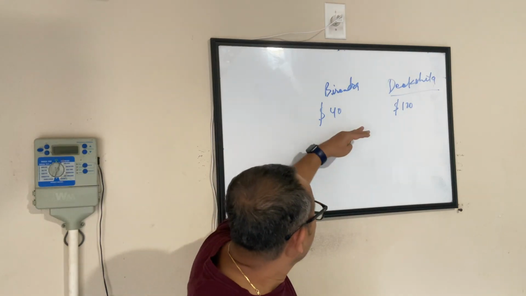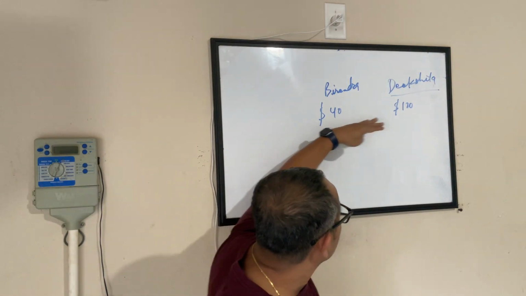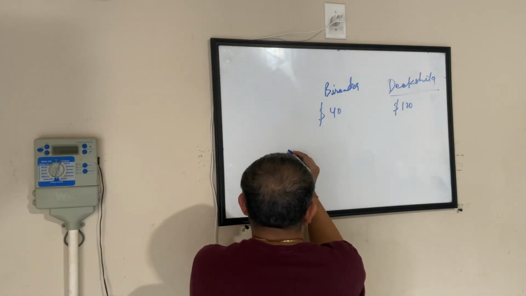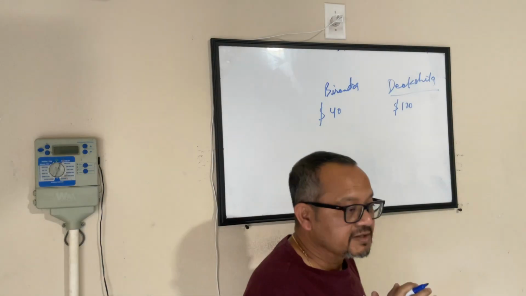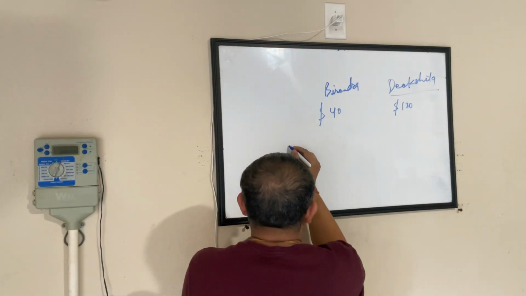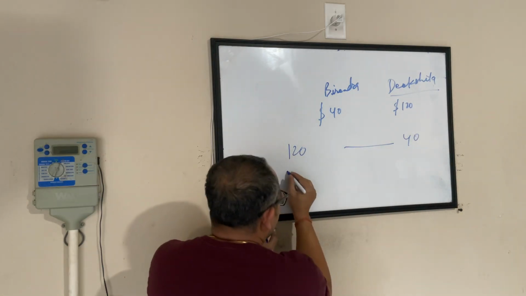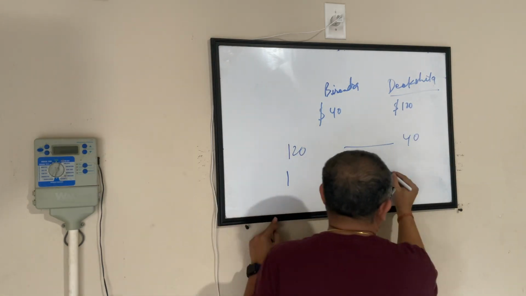Now, I'm saying this number is what percentage of some other number. Now let's look at it. Meaning, percentage is per 100. Meaning, when Dikshita is spending 120, I'm spending 40. When Dikshita spends $1, how much am I spending?